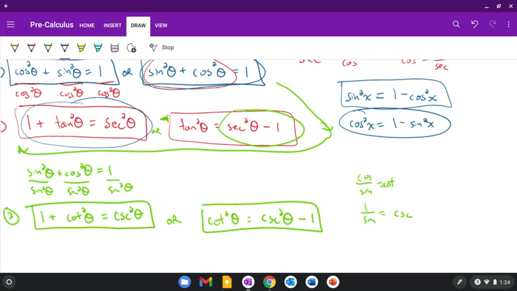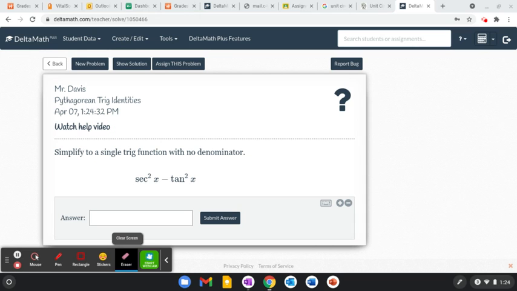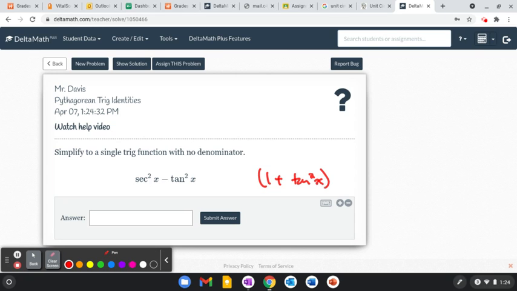Let's replace secant squared this time. Secant squared is the same as 1 plus tangent squared. So we're going to replace this with 1 plus tangent squared minus tangent squared. You can see tangent squared minus tangent squared cancels, and we're left with just 1.